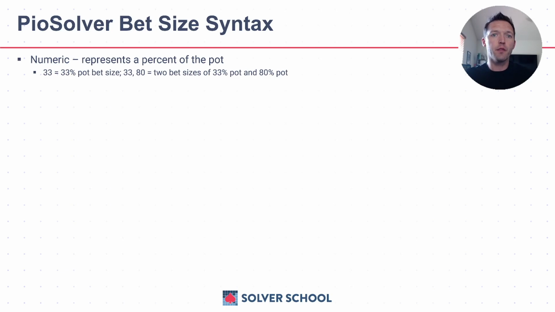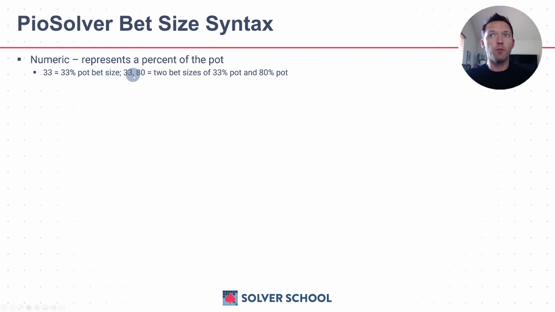We'll start with the method that you're probably most familiar with, and that's just entering a plain number or a numeric value. And whatever number that you enter, it represents a percent of the pot. Now you can enter one value, so I have here this number 33, and that's going to represent one bet of 33% size of the pot.